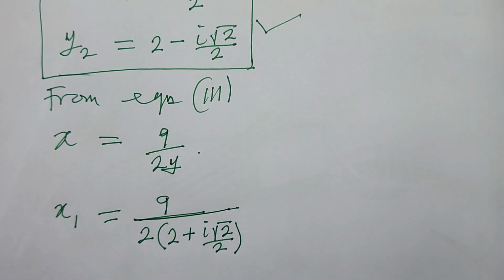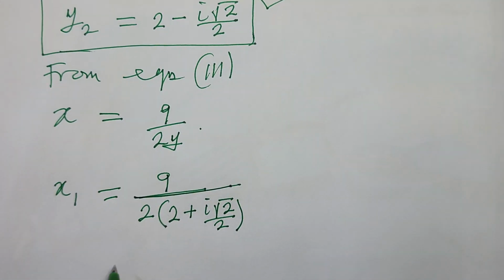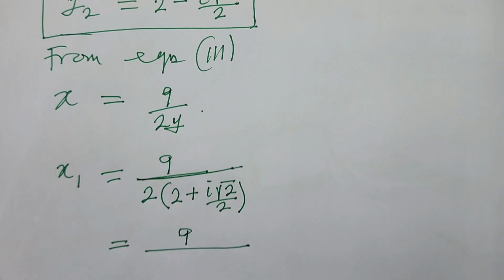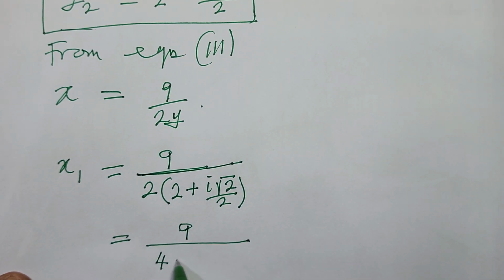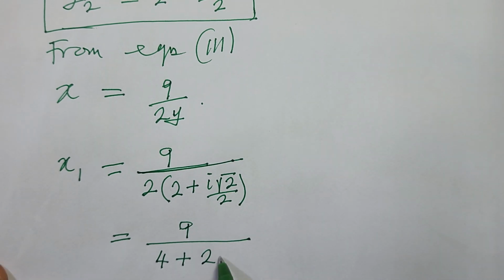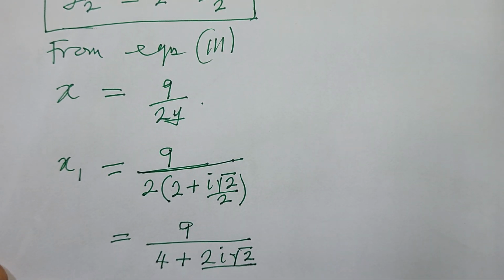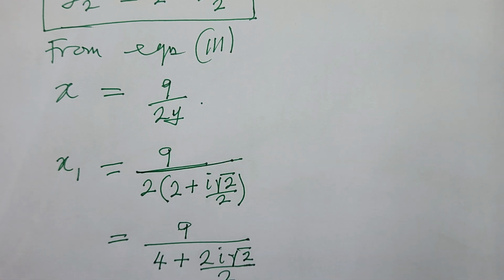Let's expand this. So this is going to give us 9 all over 4 plus 2i into root 2, everything all over 2. Yeah, I believe there's no confusion here.